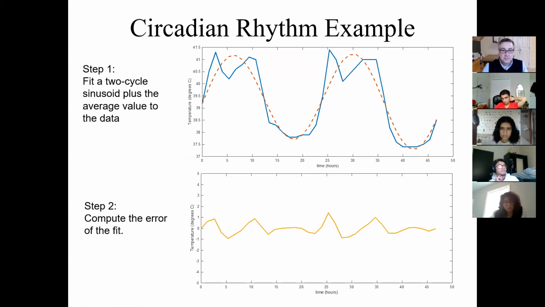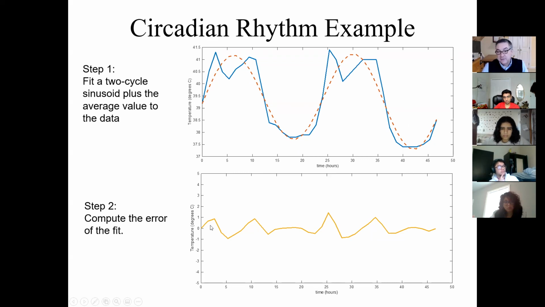You guys have probably heard that. Then they find the best fit 2-cycle sinusoid to the data, which is the one I've drawn here with the dashed line, and subtract off the error between those two things. And this is what we get. That's essentially what's left after we fit this with that dashed red sinusoid.